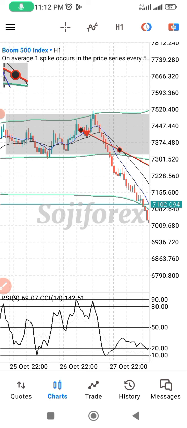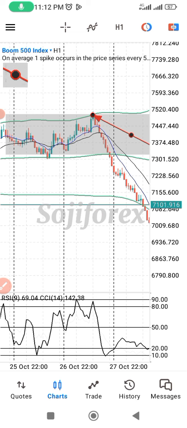Now on our H4 we are in a downtrend. So even if you come to H1 and price is above the middle Bollinger Band, we are still in a downtrend.